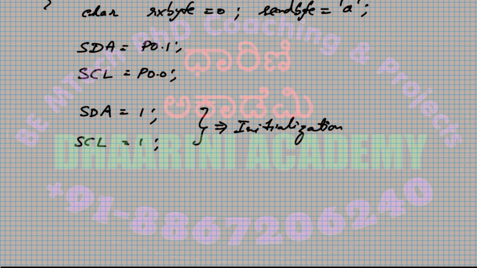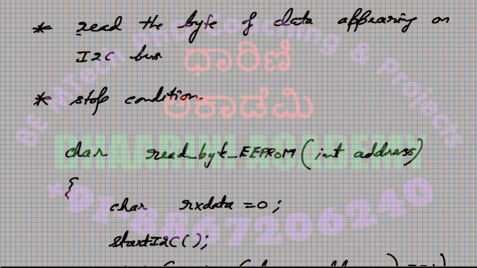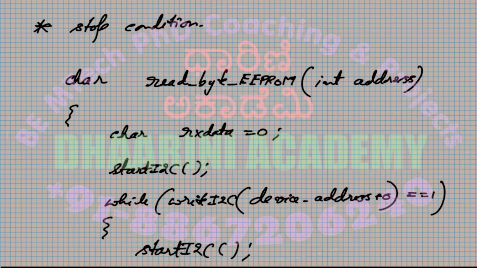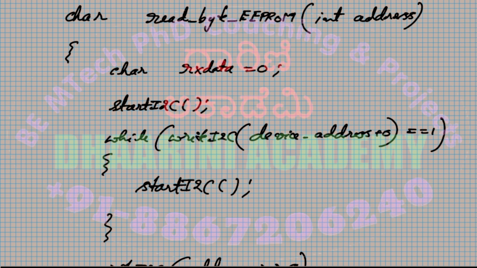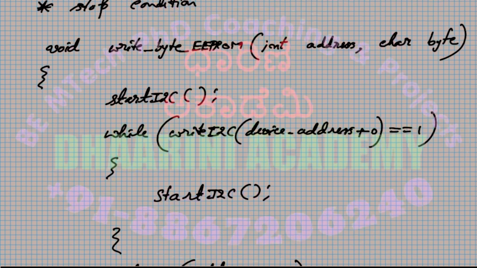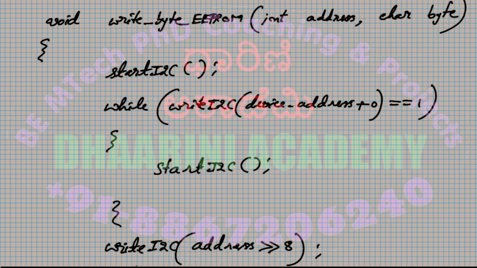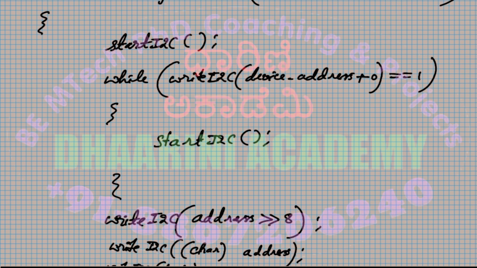Start is already inside our functions. If I go for the read byte of EEPROM, inside that I have a start I2C. Also, if I go for the write operation, write byte EEPROM, that also has the start I2C. So you don't have to call start I2C separately.